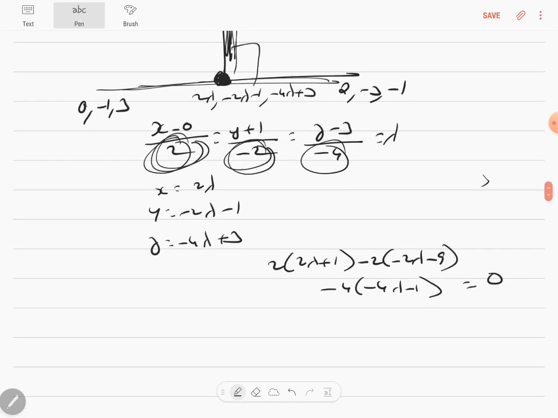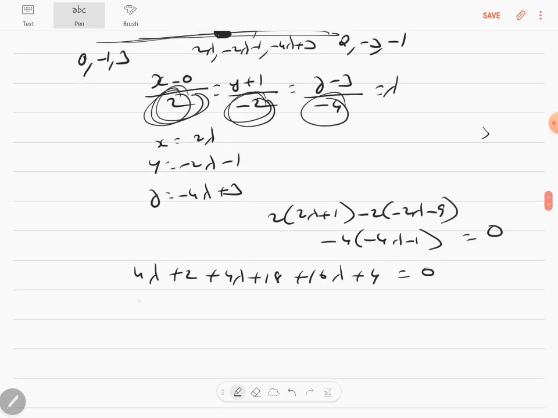Taking it inside you get 4 lambda + 2 + 4 lambda + 18 + 16 lambda + 4 = 0. So you have 4 lambda, 4 lambda and 16 lambda, which will be 24 lambda, and 2 + 18 + 4 is 24. So 24 lambda + 24 = 0, then lambda is equal to -1.